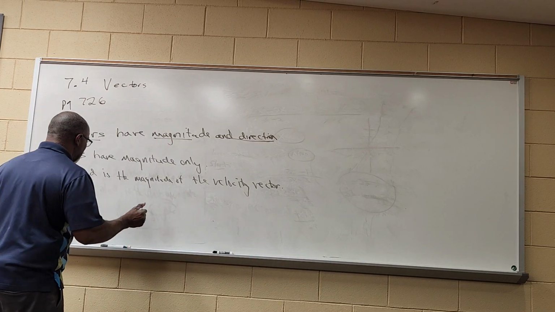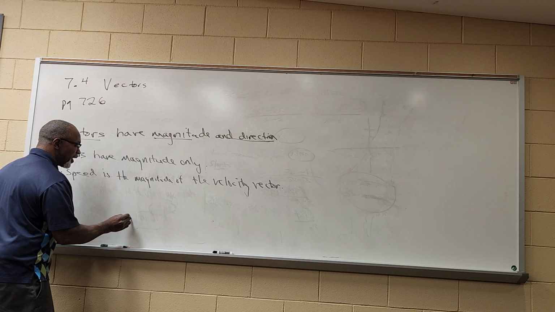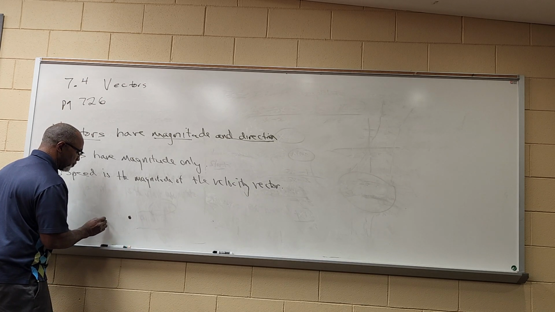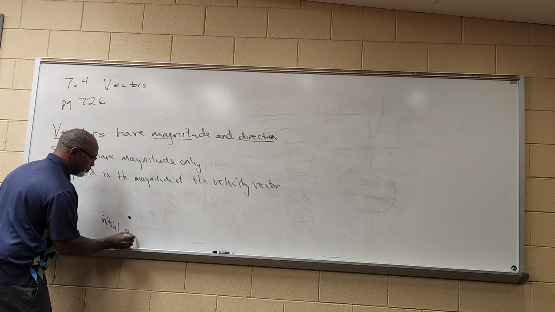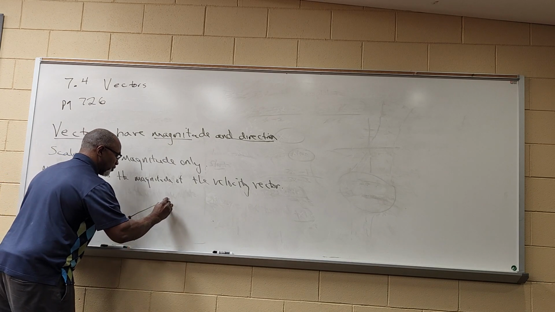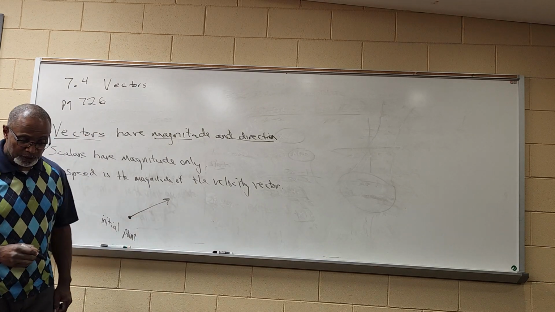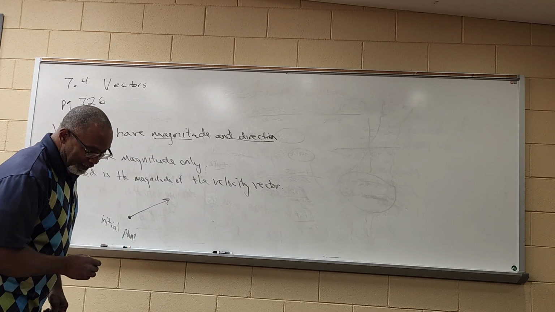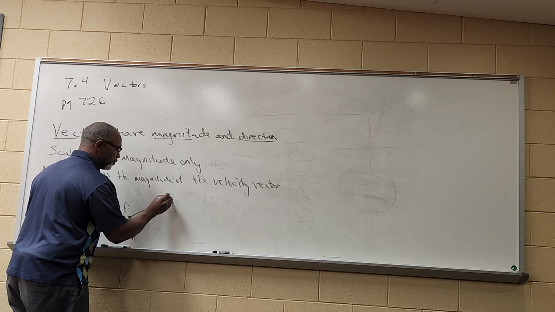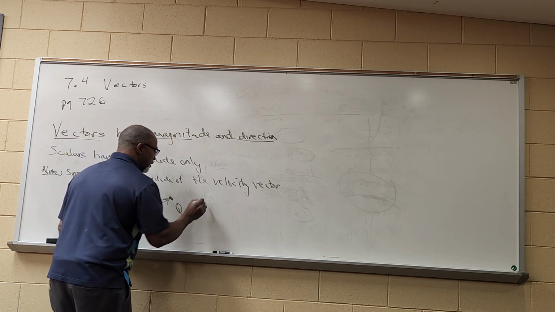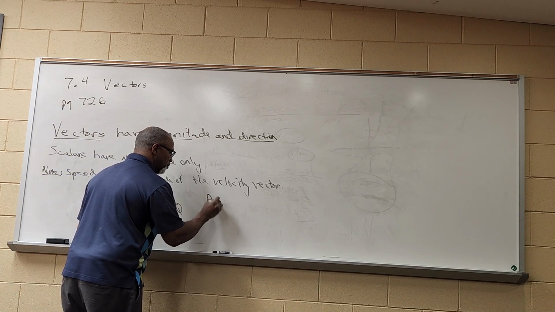Well, when you think about a vector, it will have an initial point, and it'll point in some direction, okay? It will have some direction. And maybe it goes from one point P to some point Q. Then you can say the vector PQ.